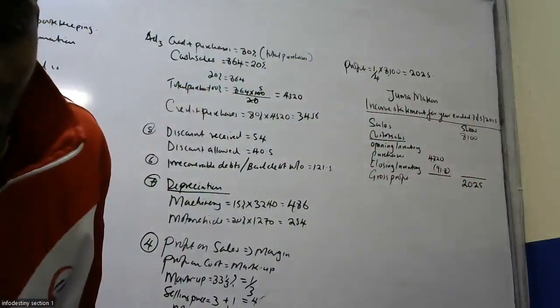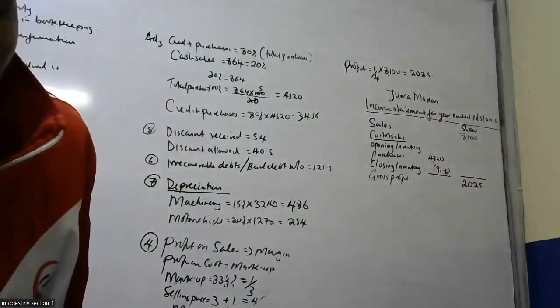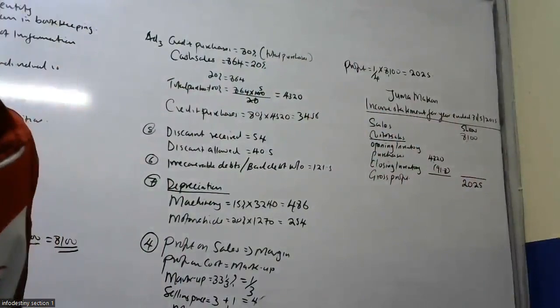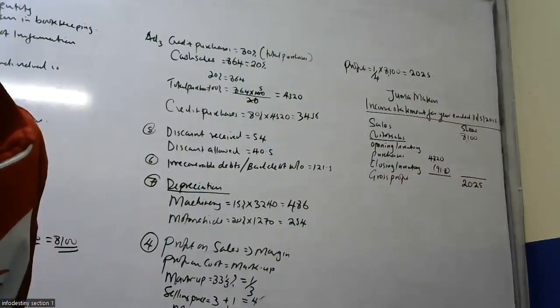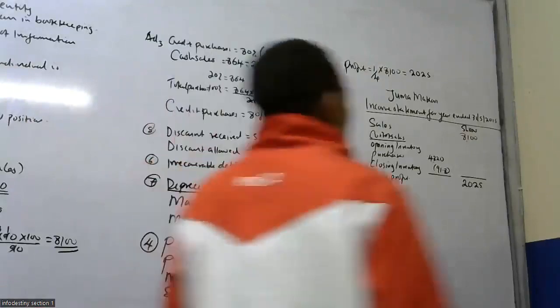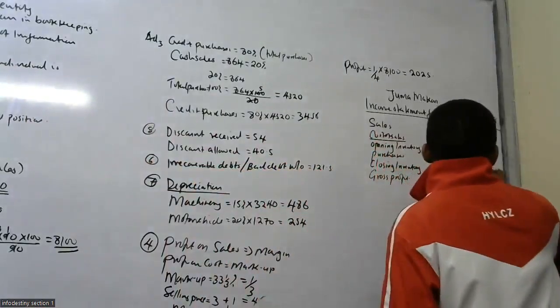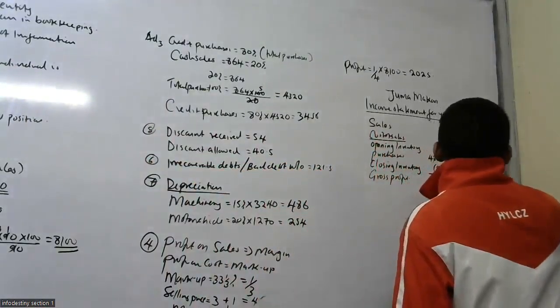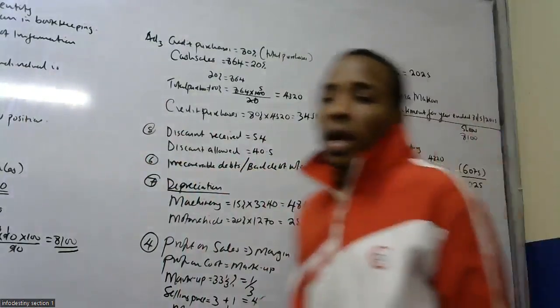So we determine how much the cost of sales was. Sales of 8100 less the profit gives us the cost of sales, which is 6075.